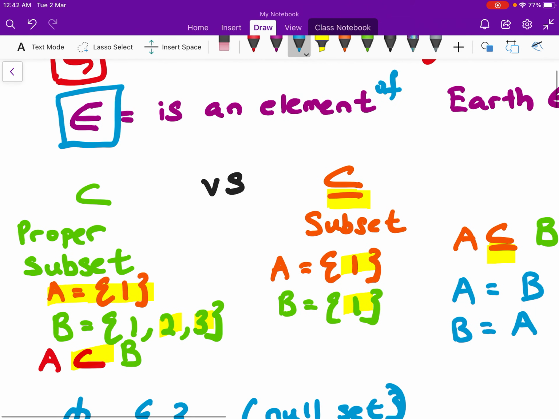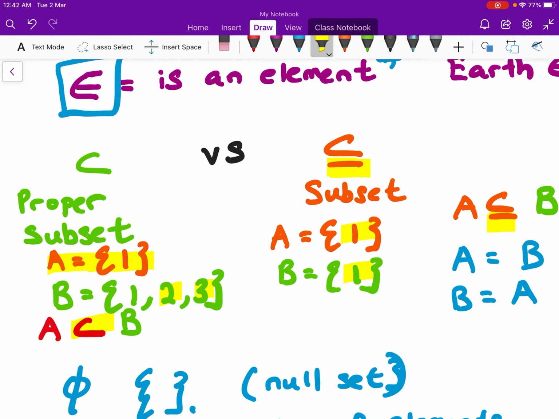Now the proper subset, which is the green symbol, where there's no horizontal line. Same thing, A has an element of 1. B now has 1, 2, 3, so there are 3 elements inside my B: 1, 2, and 3.